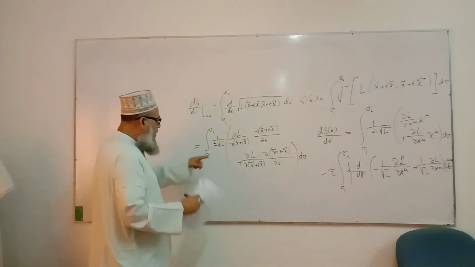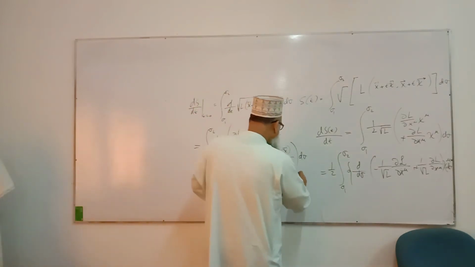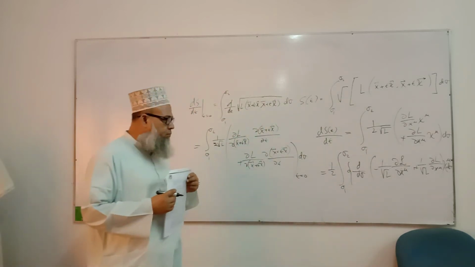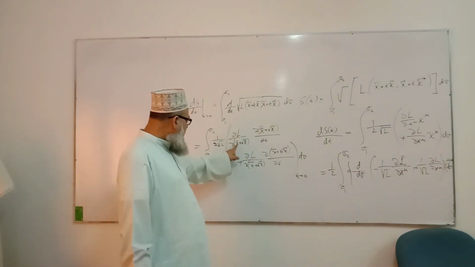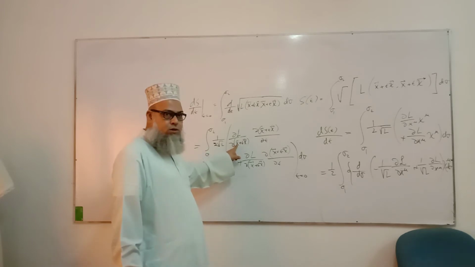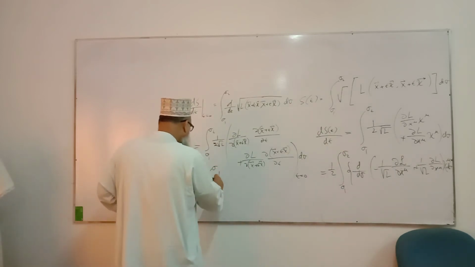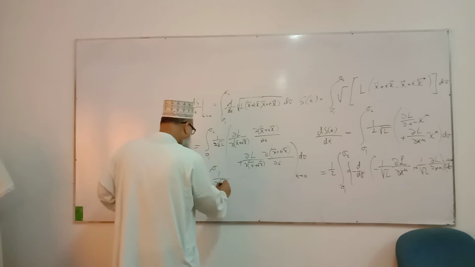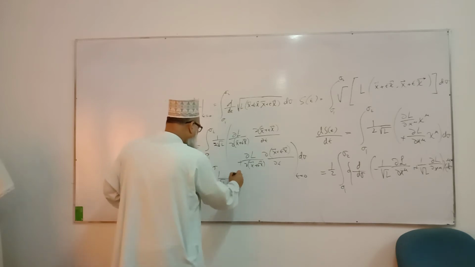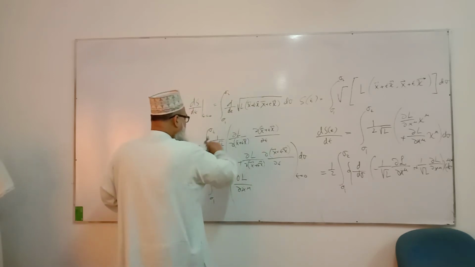Now epsilon has to be 0. In this term, if you put epsilon equal to 0, there remains only x dot. So the term will be the integration from sigma 1 to sigma 2 of 1 by 2 square root of L, del L by del x dot on this term.